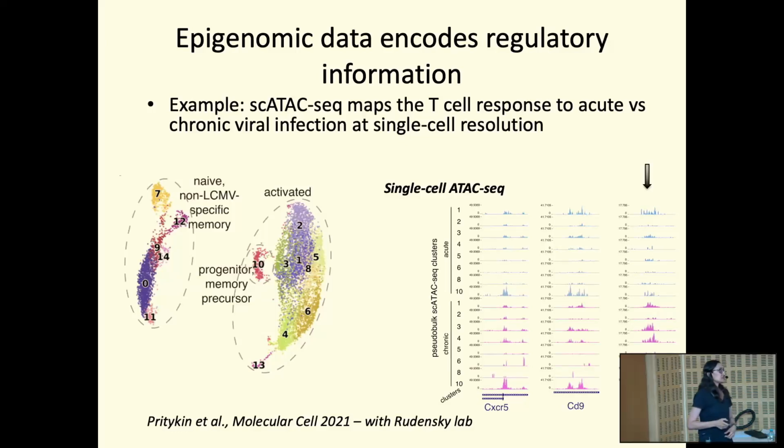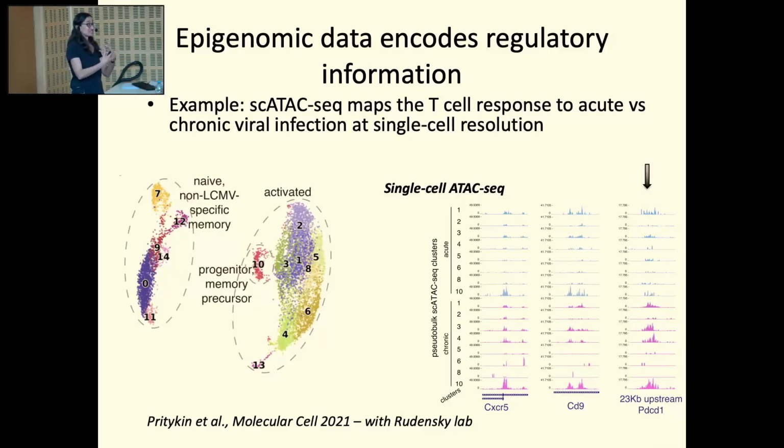If you fast forward a few years, now we can do it all in single cells. Okay, so this is the same idea of let's look at T cell dysfunction, but now what we're doing is single cell ATAC, and this is looking at acute versus chronic infection. In chronic infection, you also have T cells that are dysfunctional in this different state. And we can look at specific loci.